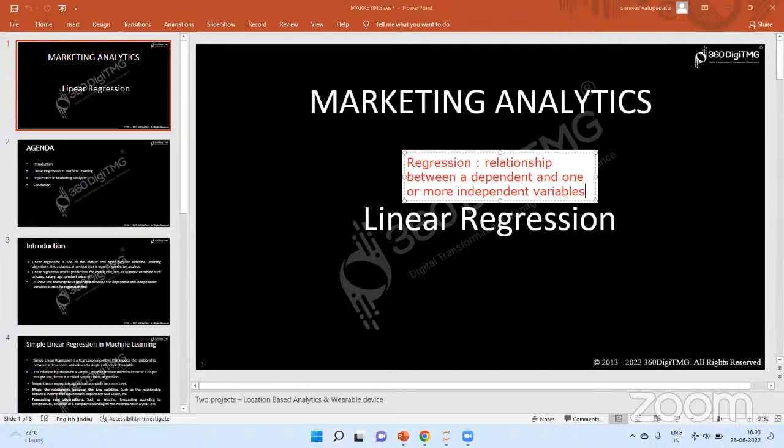In regression analysis, today we have taken linear regression, and in linear regression we will discuss simple linear regression.